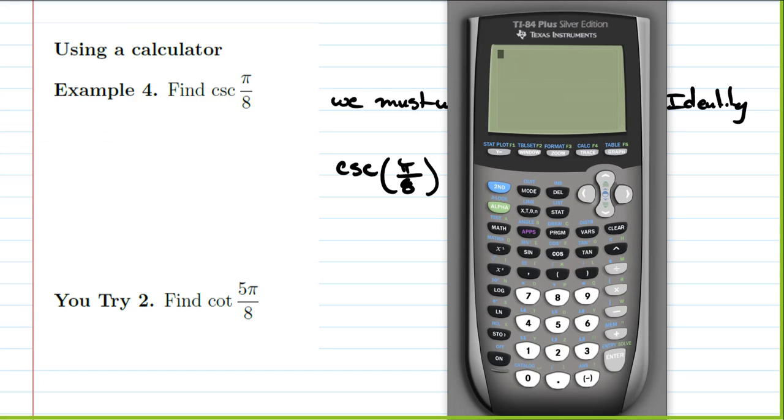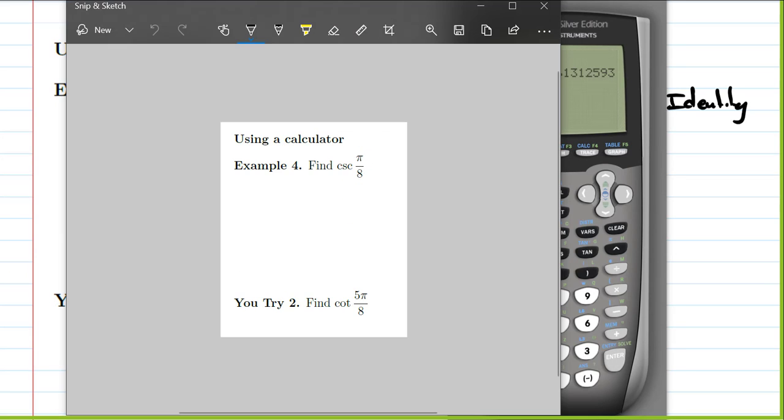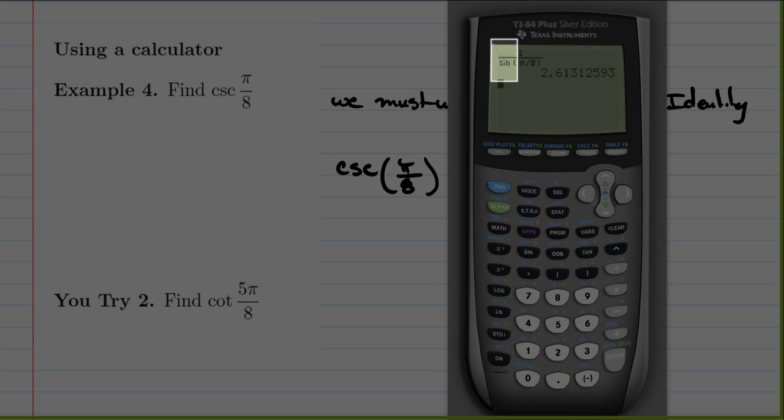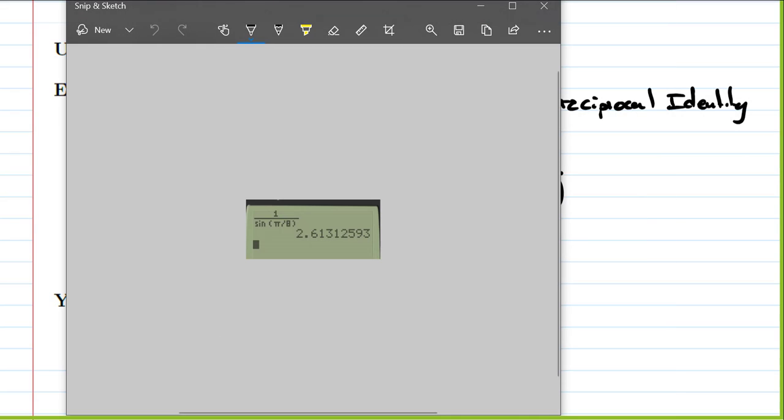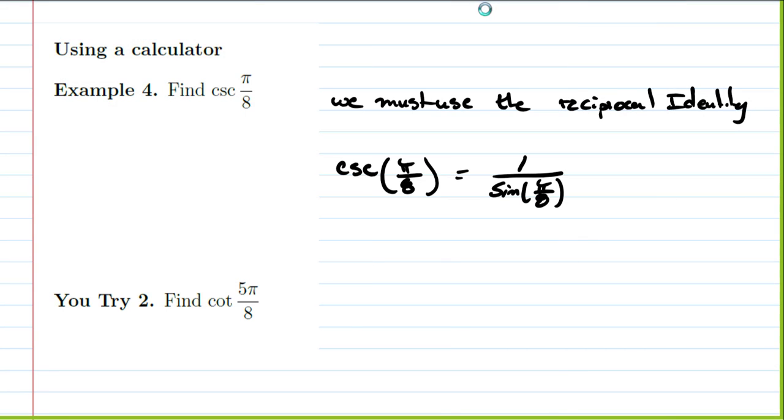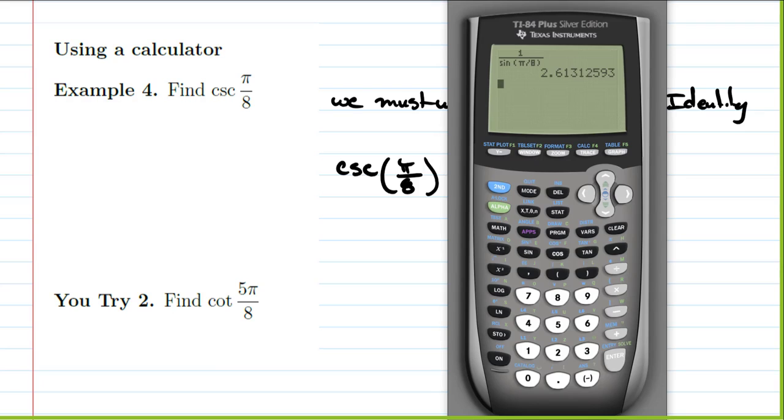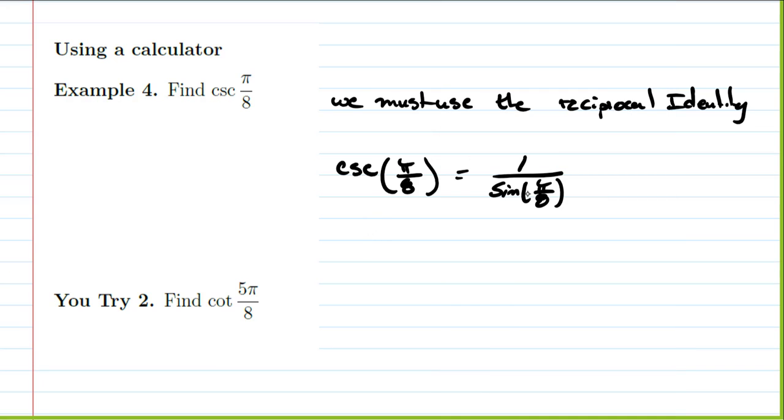So we grab our calculator, and we're going to go 1 over the sine of pi divided by 8. And we will get this value. One thing we need to double check, if you didn't get this value, make sure your calculator is in radians and not degrees.